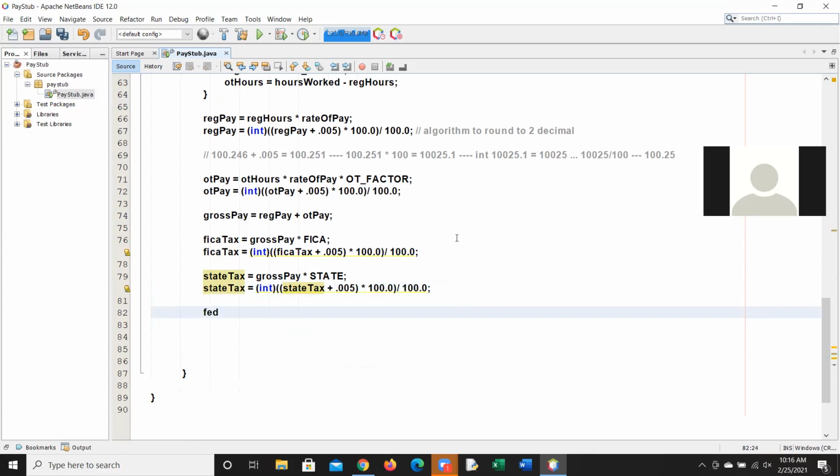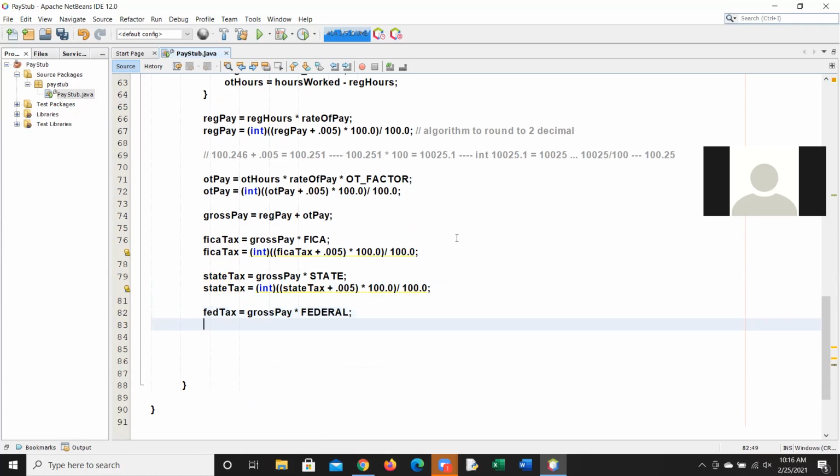And then our Fed tax will be equal to our gross pay times federal. And then Fed tax is equal to Control V. Replace that.